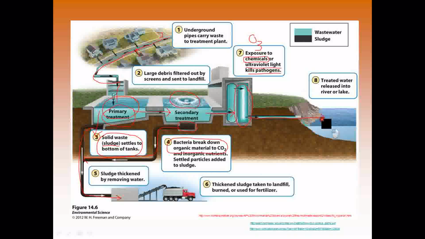Now we do have to worry about chemicals that might still be in the water because after all, as you might imagine, we've killed the bacteria in this water, but what about fertilizers? What about chemicals? What if you broke a thermometer at your house and just dumped the mercury down the toilet? Well, that is all still in the water.